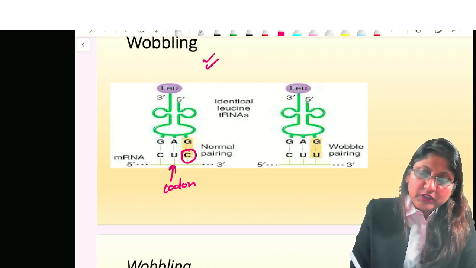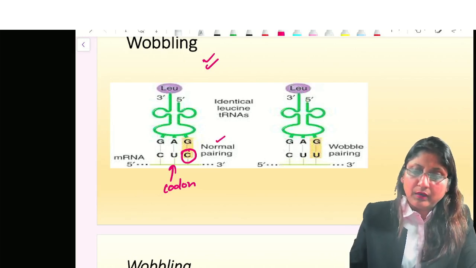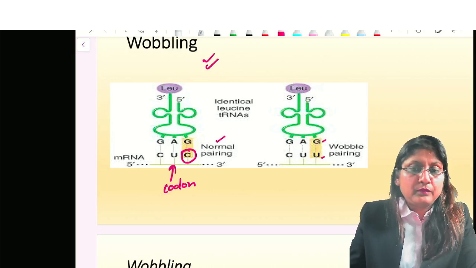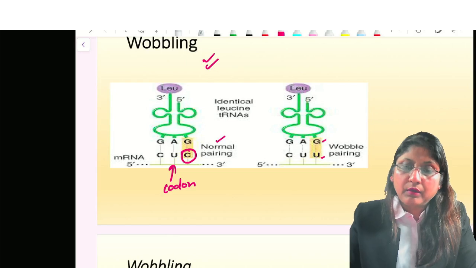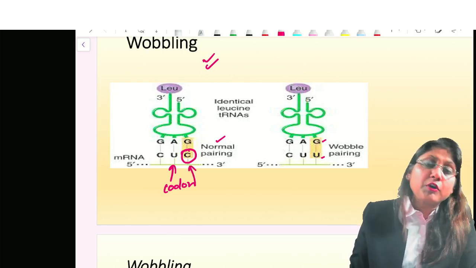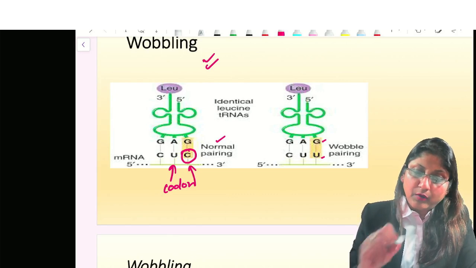Like generally, it must be pairing with C. That's okay, it's a normal pairing. But it's quite possible that G will pair with U as well. So this is called wobbling. There is non-Chargaff pairing that's seen at the third position of a codon on the messenger RNA. So at this place there is a wobbling.